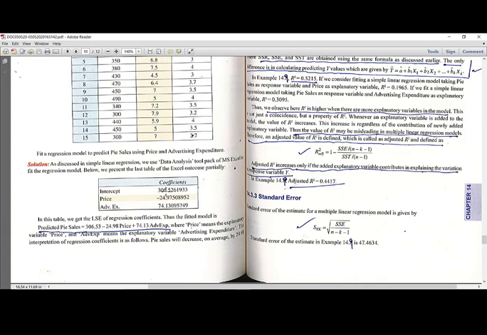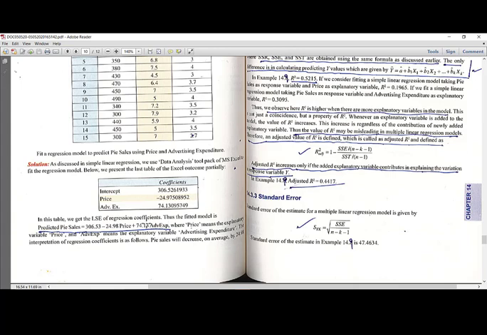This value 306.526193 is approximated as 306.53. Minus, actually here B1 x1 plus B2 x2, where B1 is negative, minus 24.97508952, so it is taken as minus 24.98 into price. Price is our x1, first variable, plus B2 is 74.13, and x2 is our second variable, advertising expenditure.